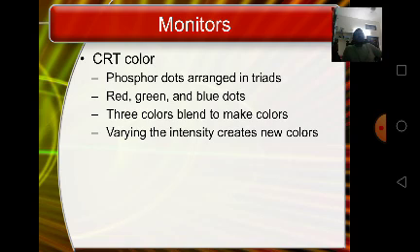When the beams of each of these guns are combined and focused on a pixel, the phosphors light up. The monitor can display different colors by combining various intensities of the three beams. A CRT monitor contains a shadow mask.